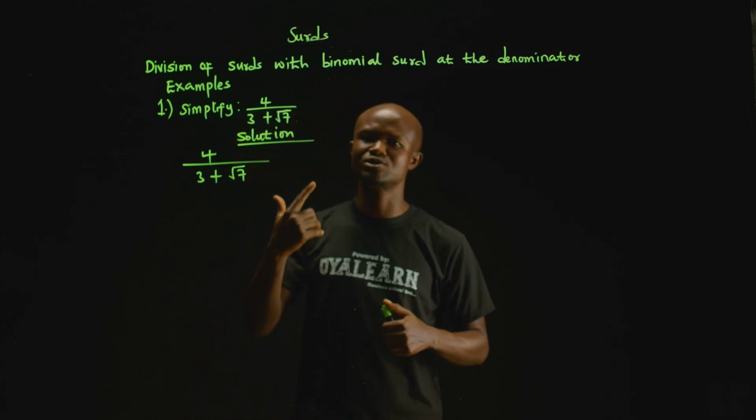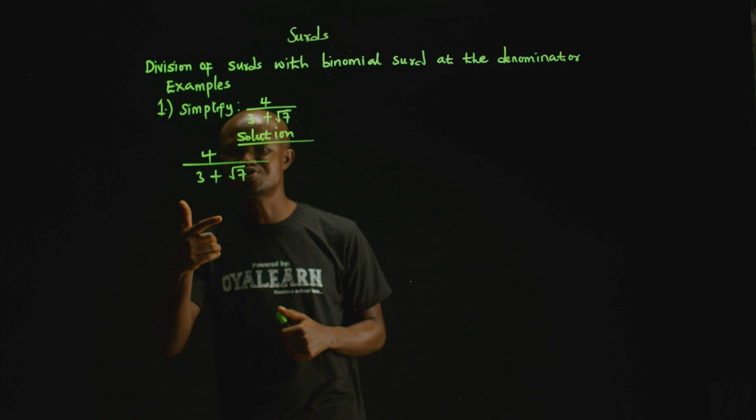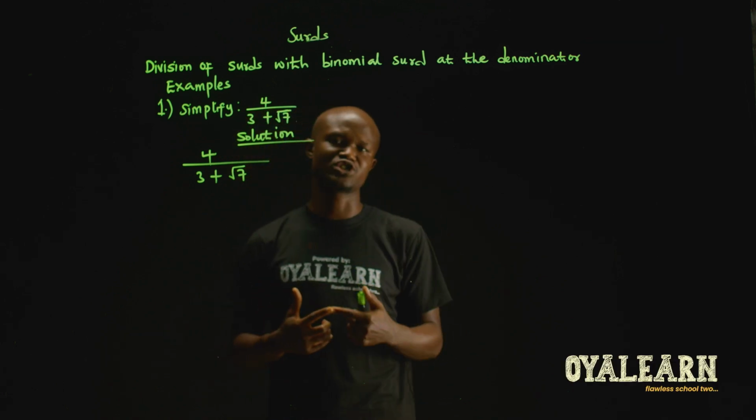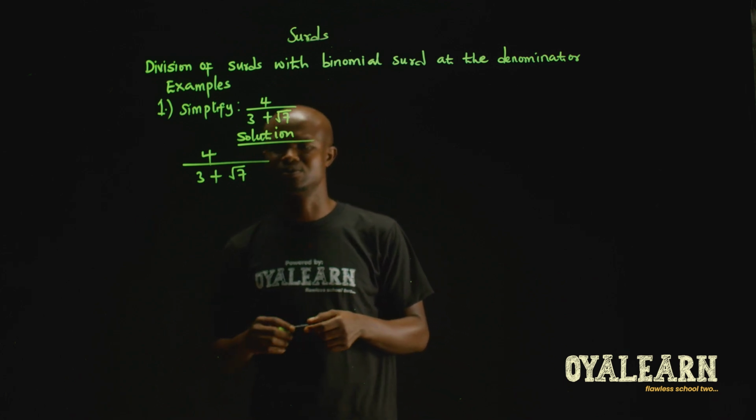And how do we rationalize? It means that we are going to rationalize using the conjugate of the denominator to multiply both numerator and the denominator.